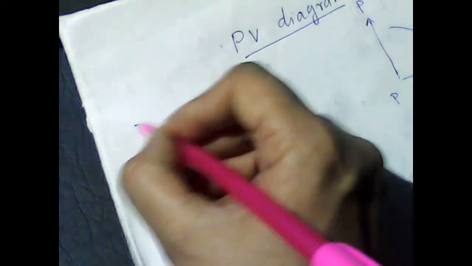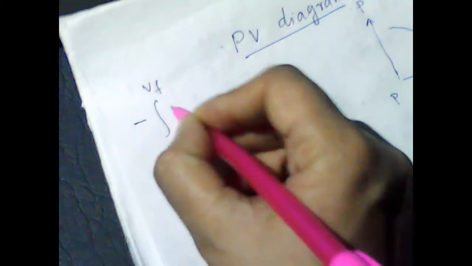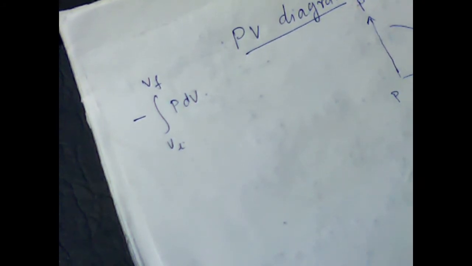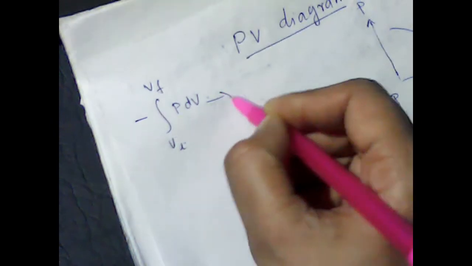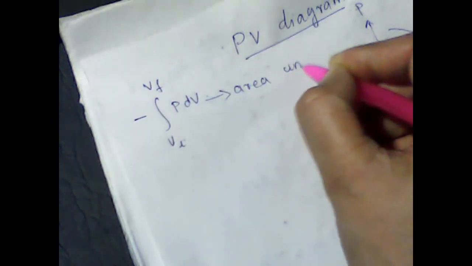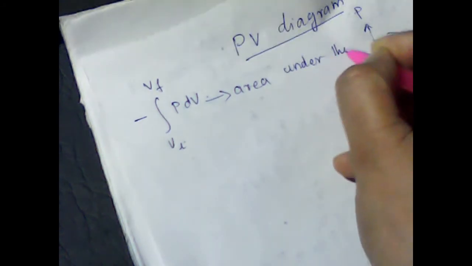That means the minus integral Vi to Vf PdV. The indicator diagram will represent the integral PdV because one is along the y-axis and the other is along the x-axis. The minus PdV will be obtained as the area under the curve.